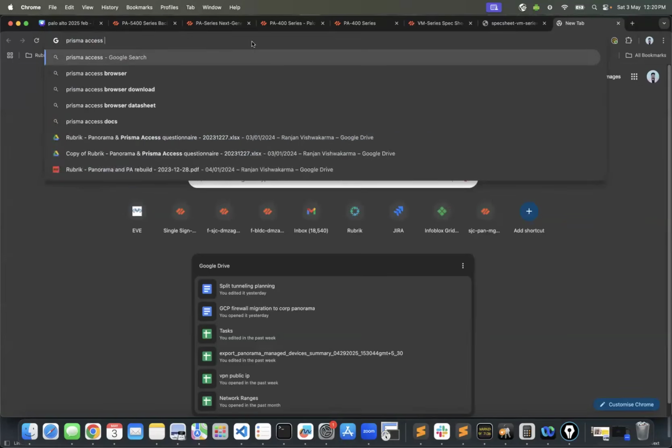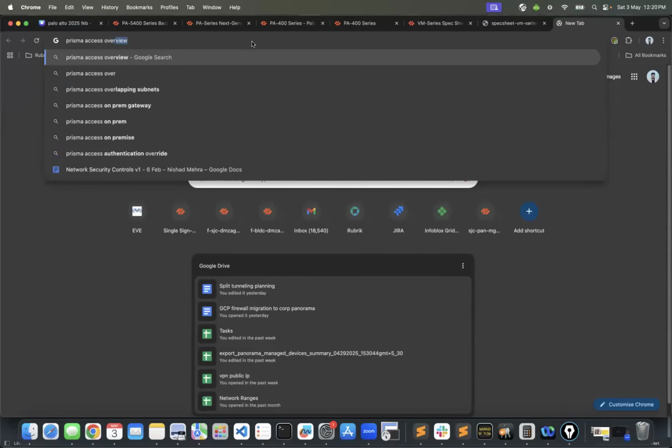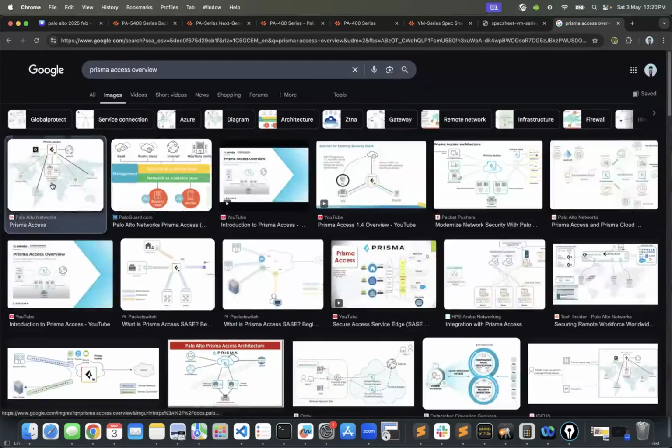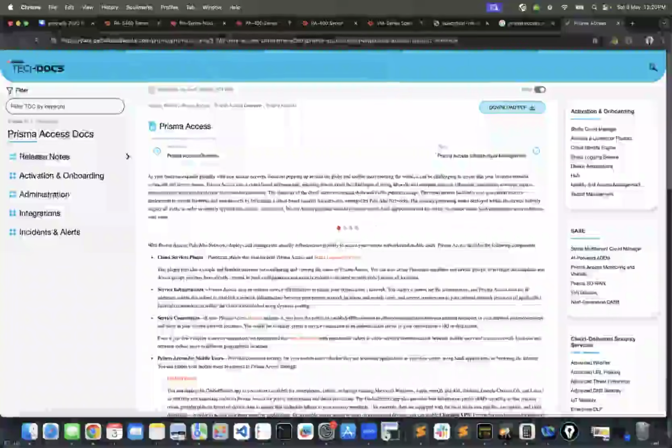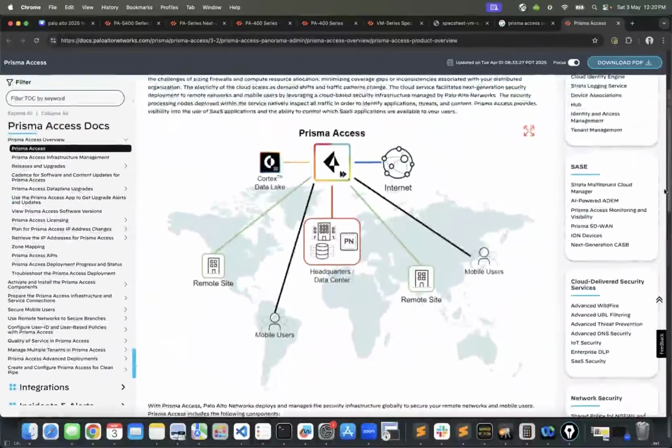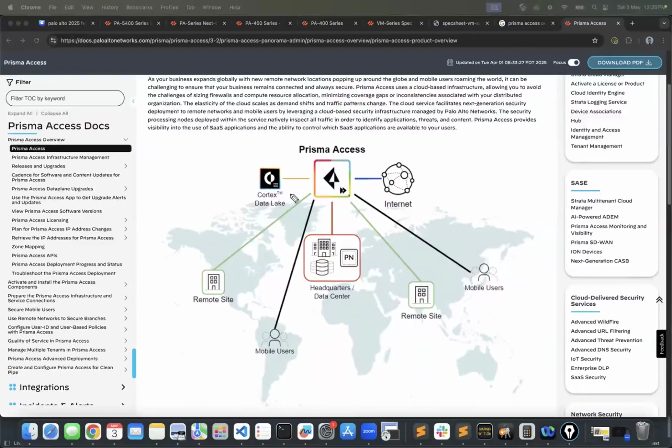Okay, Prisma Access, there is one diagram. I generally don't stop anyone from asking questions, but when it goes beyond that, I can explain. This is the diagram I always use to teach everyone. Imagine you have a physical on-prem network and everything, but when you are in a Prisma Access network, the complete thing changes.